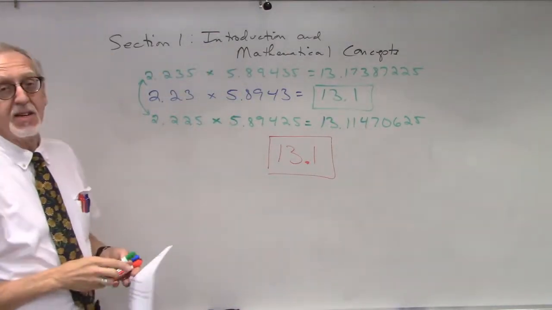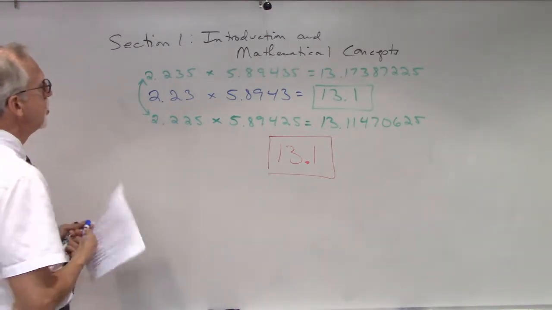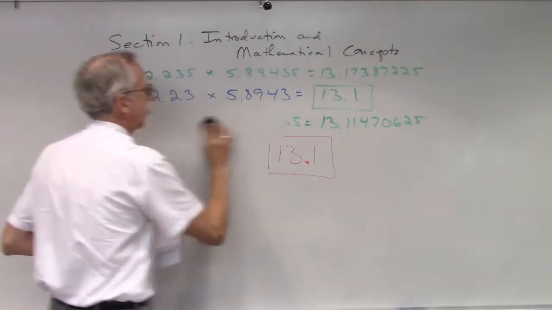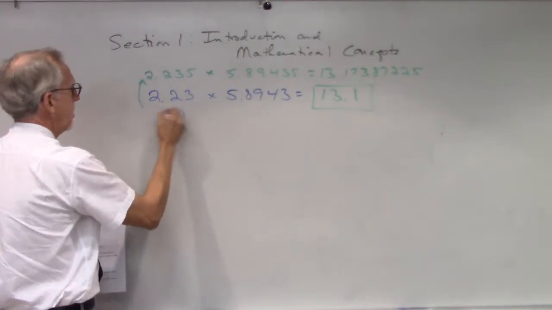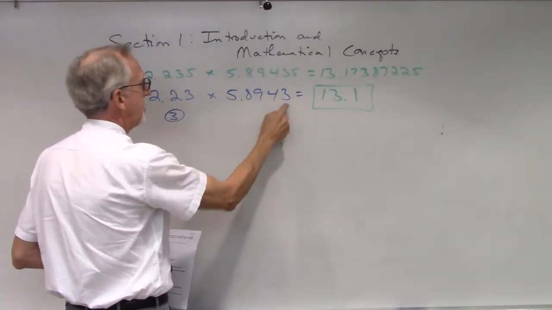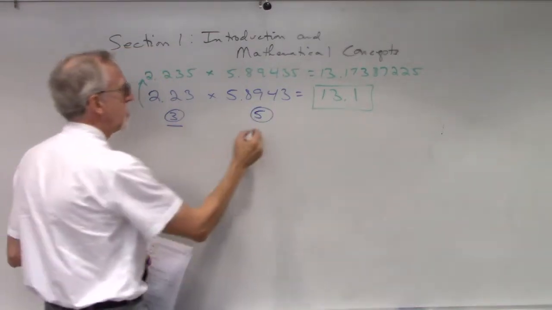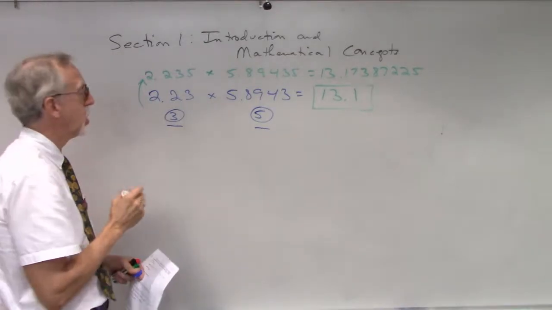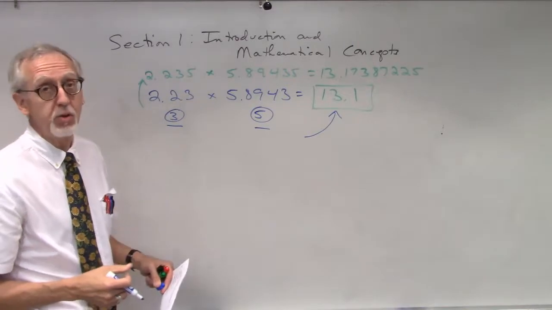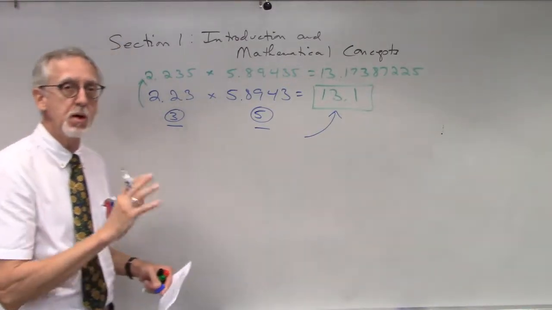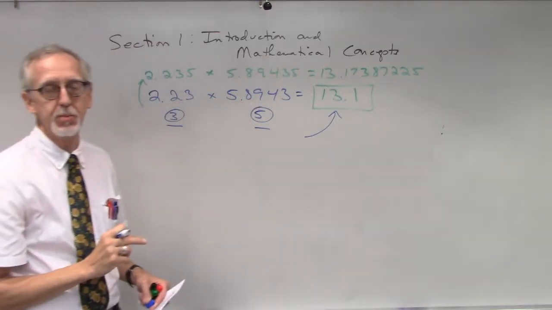We might look at this and develop a very general rule of thumb. How many sig figs in our first number? We have 3. How many sig figs in our second number? We have 5. When we multiply a number with 3 sig figs with a number with 5 sig figs, all we can keep are 3 sig figs. The general rule of thumb is when we multiply quantities, we count the number of sig figs in the numbers we're multiplying.